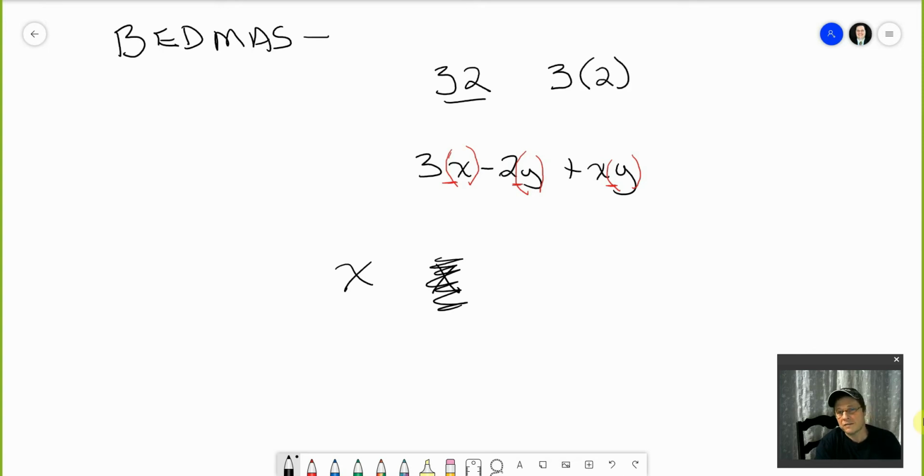So please, when you're multiplying, use brackets. Just imagine the multiplication sign no longer exists. You have to use brackets.